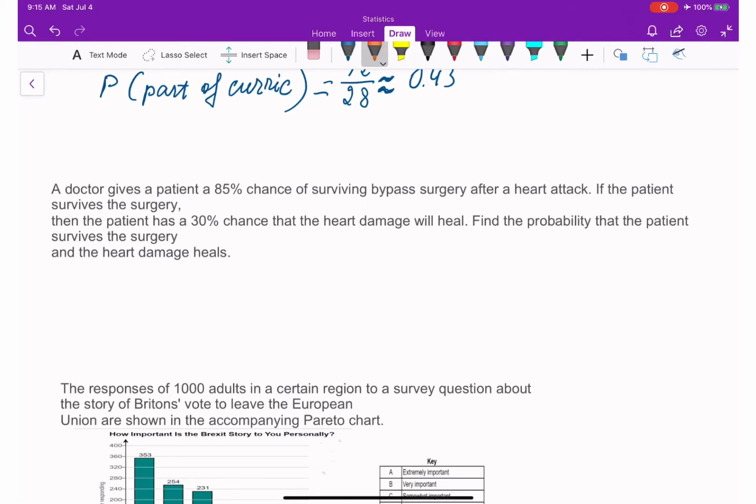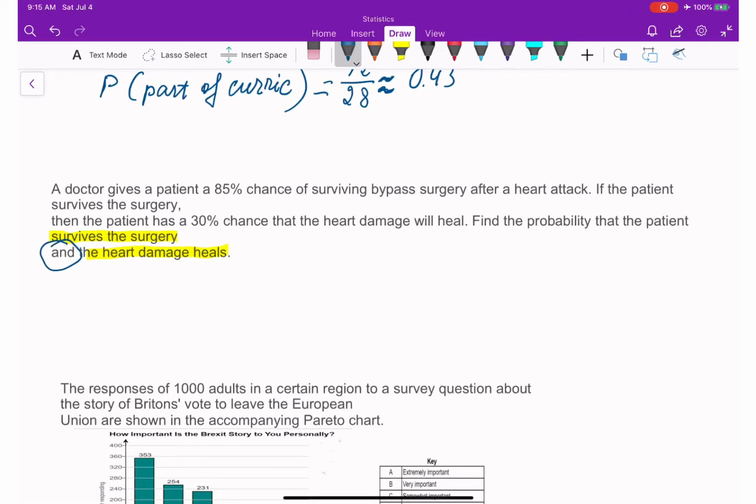Next one. A doctor gives a patient an 85% chance of surviving bypass surgery after a heart attack. If the patient survives the surgery, there is a 30% chance that the heart damage will heal. Find the probability that the patient survives the surgery and the heart damage heals. The keywords are survive surgery and heart damage heals, and in between is "and", so we multiply.